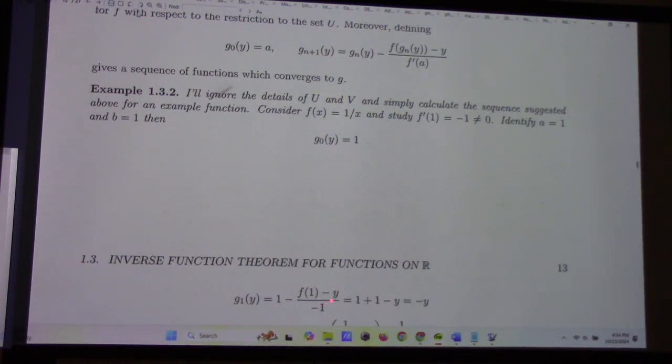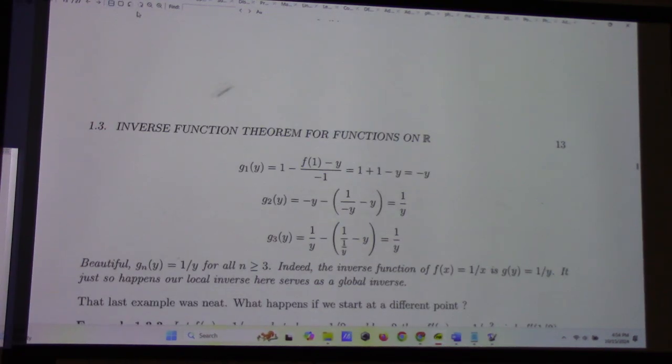G1 of y is 1 minus this, which is 1 plus 1 minus, oh man. There's a typo here, but it does work out to minus y. We are forging on. G2 of y then is minus y minus this, but that gives you 1 over y.